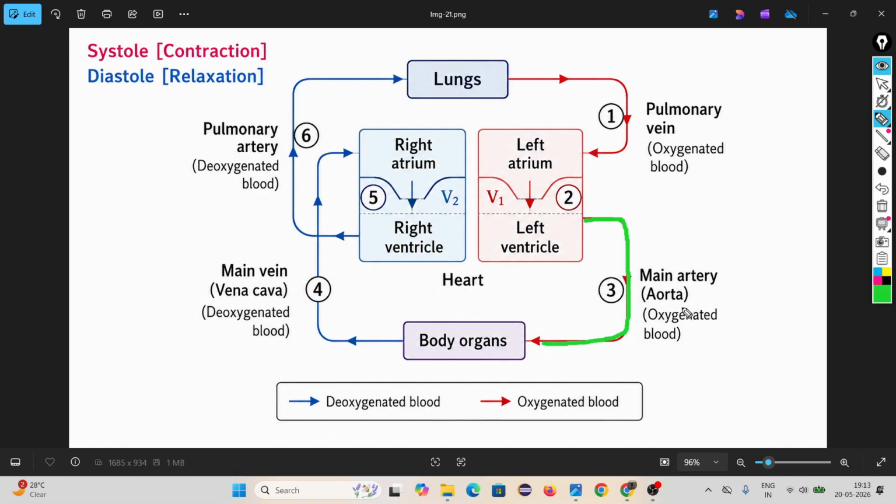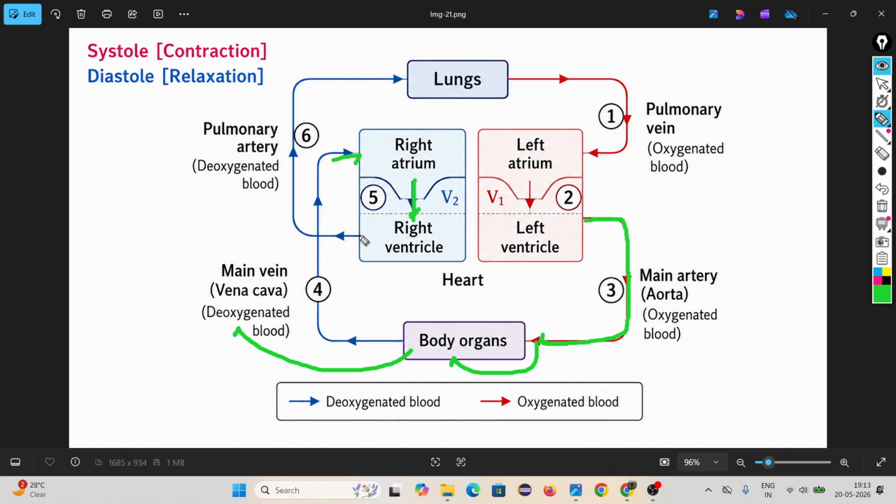Aorta means artery. Then the oxygenated blood is going to the body organs. Then the body organs release deoxygenated blood to the main vein, the vena cava, the largest vein. Then by the help of the vena cava, the deoxygenated blood comes from the body organs to the right atrium, then the right ventricle.